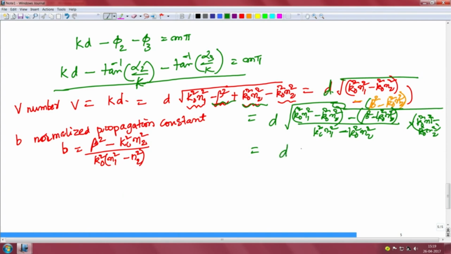So, this can be written as d times the square root of 1 minus small b, and k0, and n1 square minus n2 square.